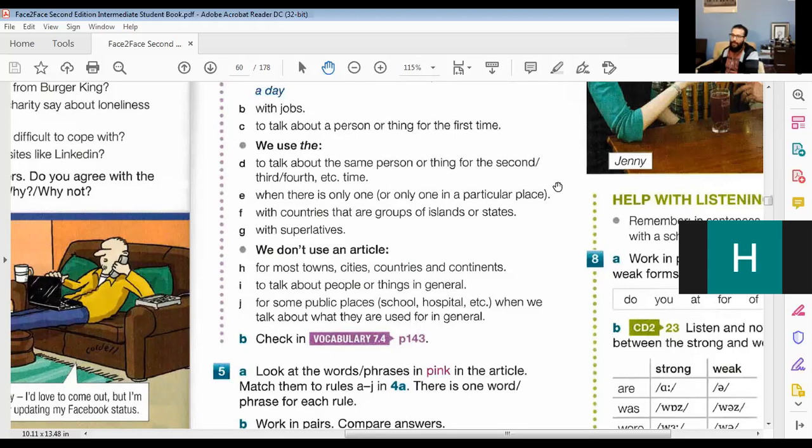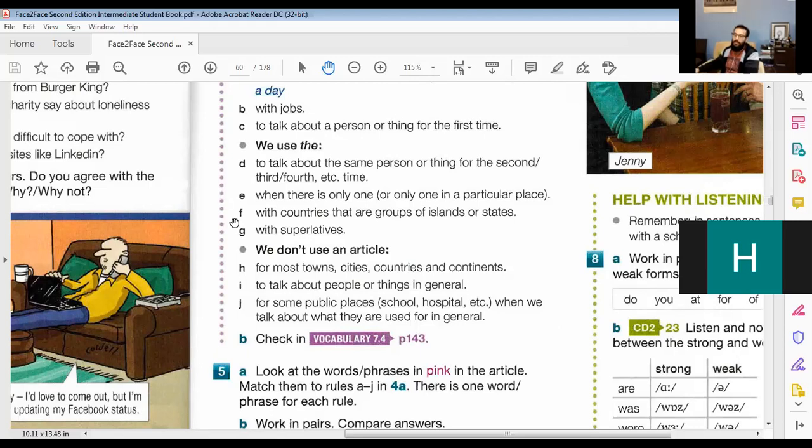The UK is a group of islands because we have England and Scotland, it's one group of islands. The USA is a group of states, not a group of islands. Just a group of states.